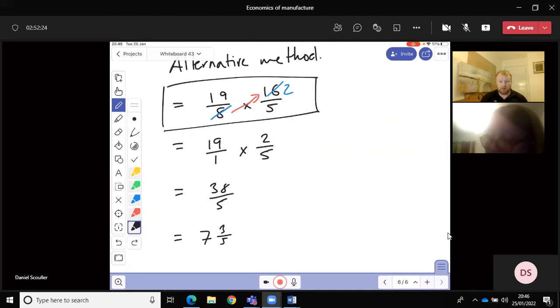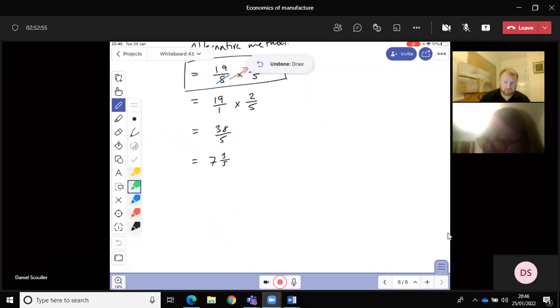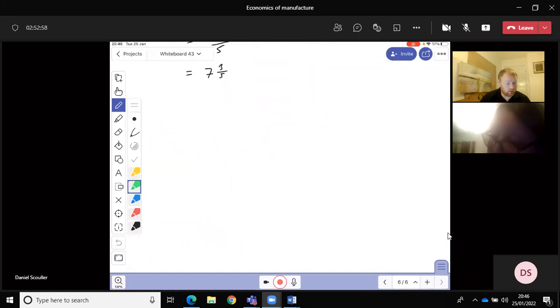Now that doesn't work with add and subtract, just with multiples. Remember with add and subtract, what we're looking for is the same denominator. But it's a wee alternative method, which is a hell of a lot easier than doing that long multiplication. Again, knowing how to do that long multiplication is not the worst thing in the world, but it does take more time than that nice easy simplification. But if you don't see it, it's not the end of the world.